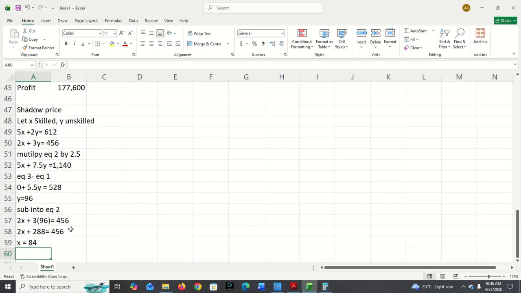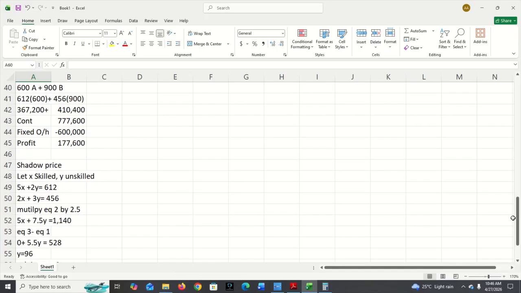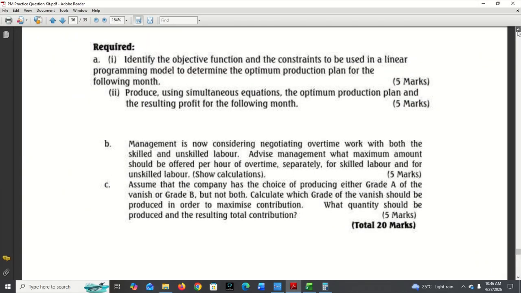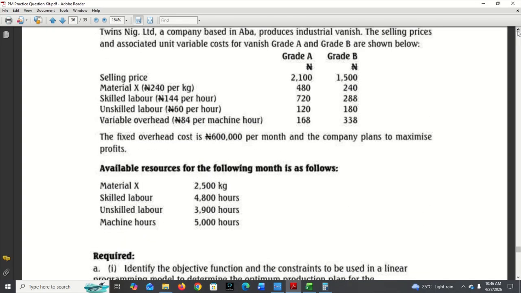Then for skilled labor, where's our skilled labor? Let me check the question. Our skilled labor is how much for each?